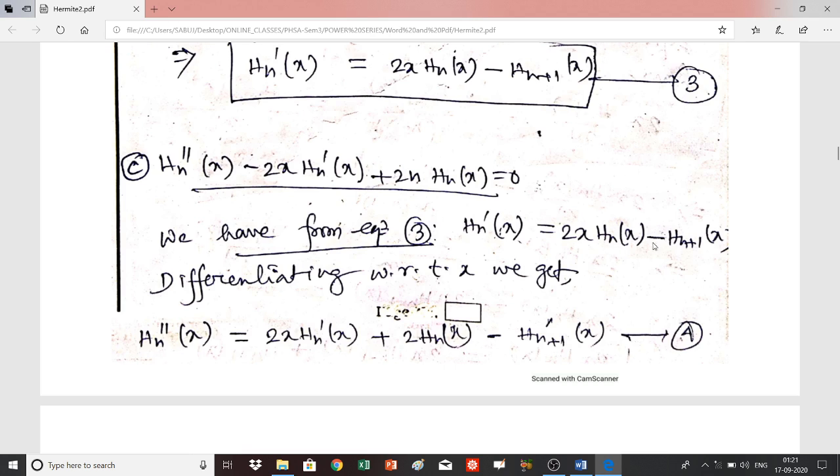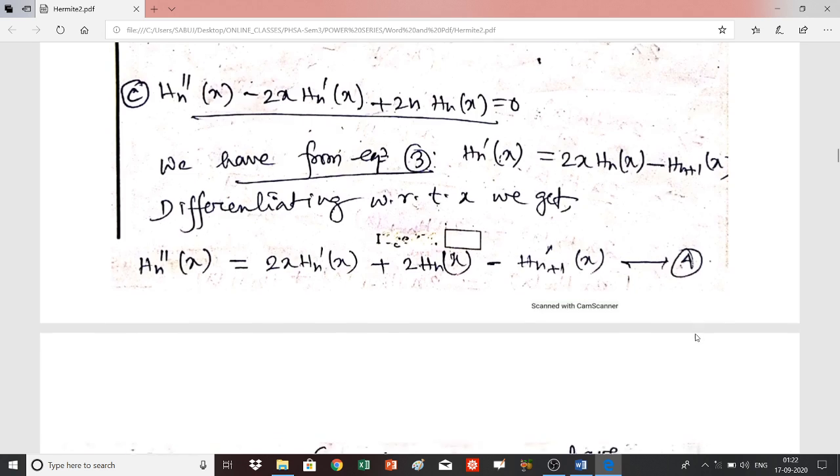Now differentiating this expression with respect to x, you will have hn double prime x is equal to 2x hn prime x, plus, if you differentiate x, then 2 hn x, and the last term will be minus hn plus 1 prime x. You write this as equation 4.